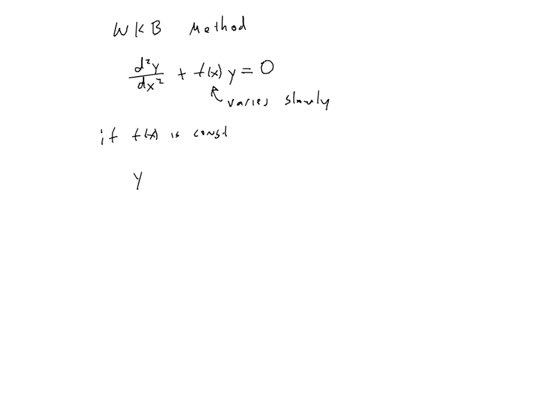And if this is constant, then y would be approximately equal to e to the i phi of x, where you could say that phi prime squared plus i phi double prime plus f is equal to 0.